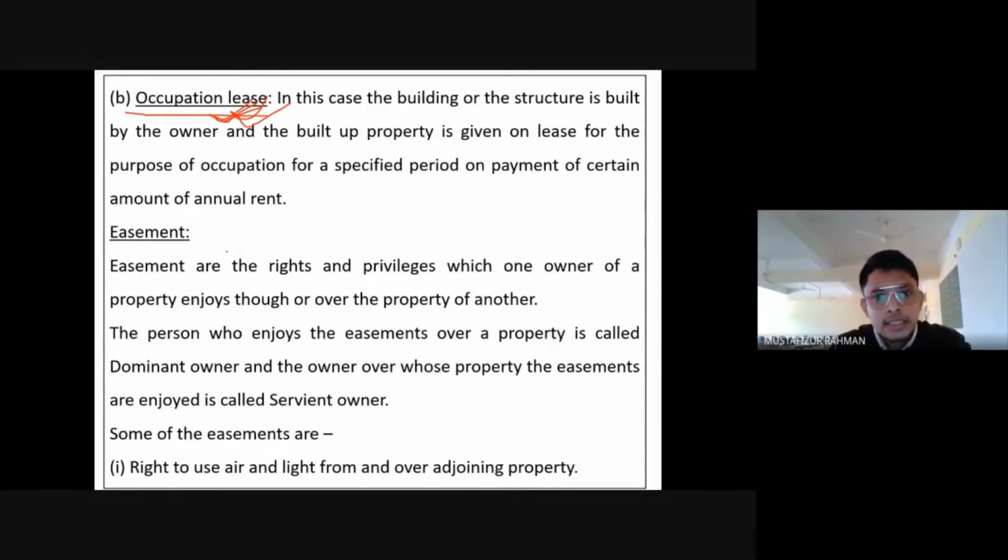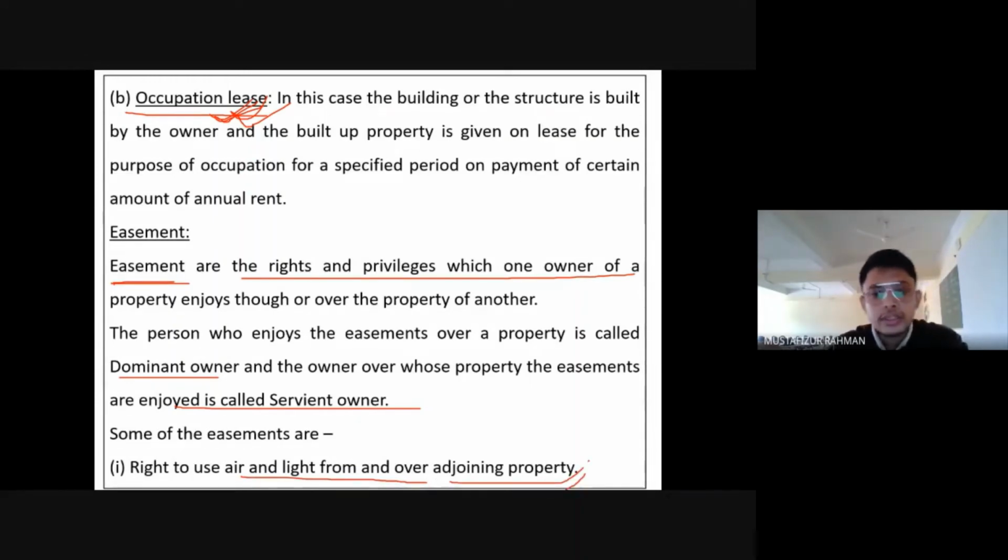Now easement are called the rights that you will enjoy in your property over the adjoining property. Okay, so there are some terms, please see these terms. So you can use the air and light coming from other property, so that is an easement right.